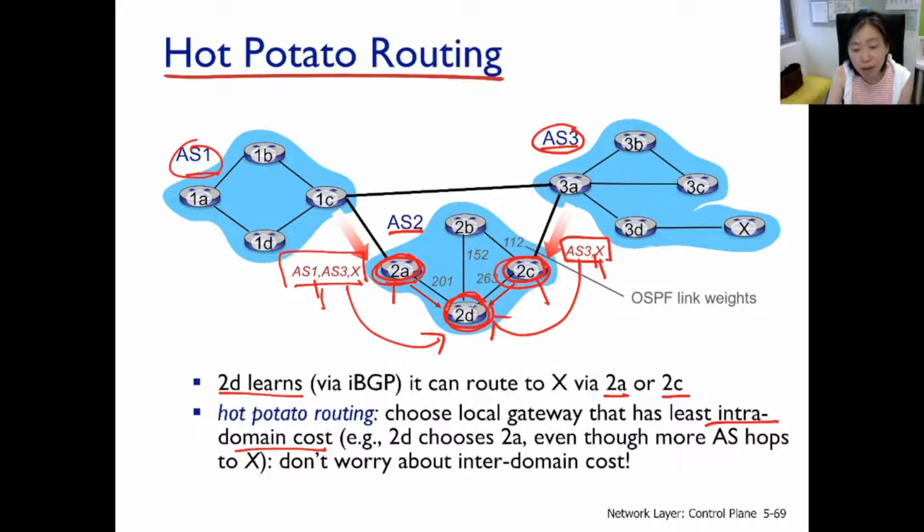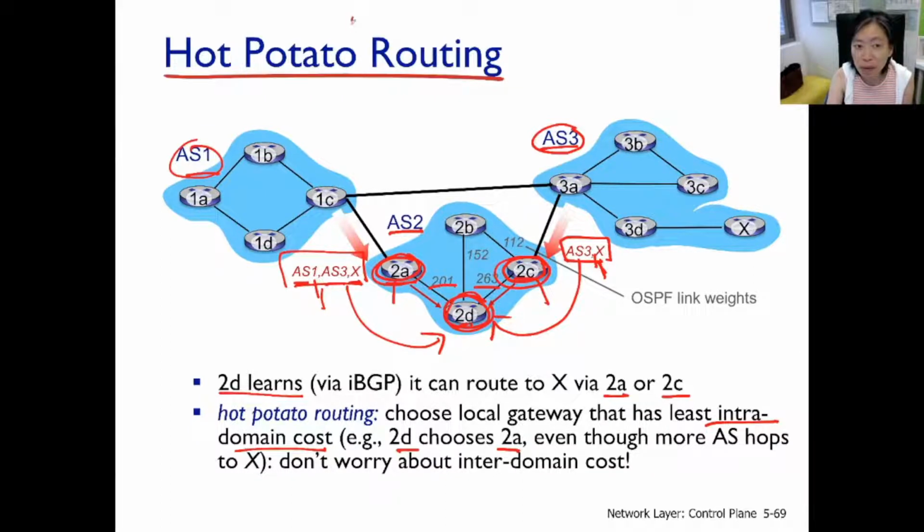If you see the scenario, the distance from 2A to 2D is only the link cost between 2A and 2D, which is 201. The distance between 2D and 2C, however, is 263. So 2D is going to choose 2A to forward the packets to. So it's going to choose AS1, AS3, and X, which is actually a longer AS path than the other one, to pass the data.